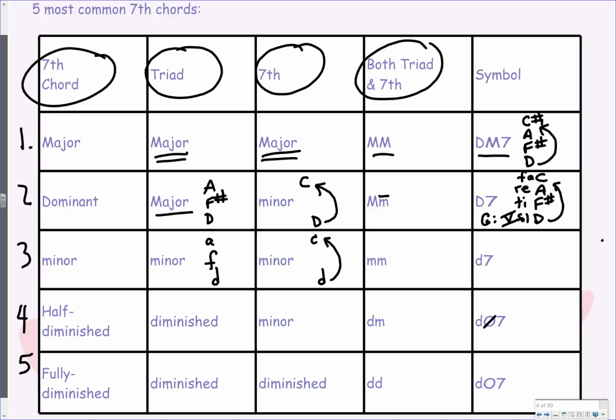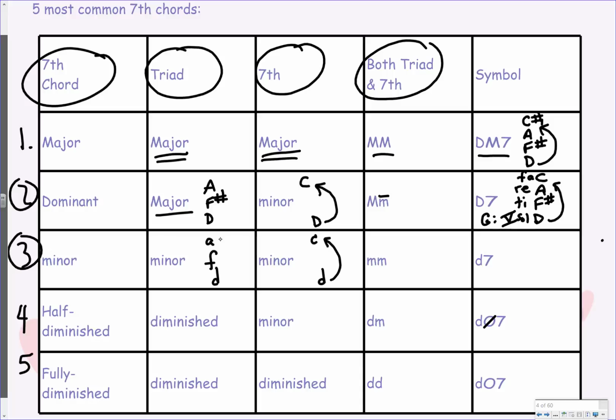So you can see the difference between number 2 and number 3 already. The dominant 7th has a major triad, D, F sharp, A, and the minor 7th has a minor triad, D, F natural, A. They both have the same interval from root to 7th though.